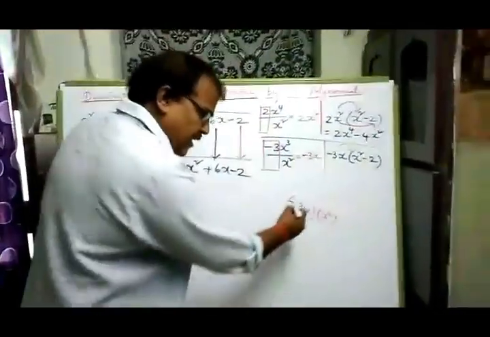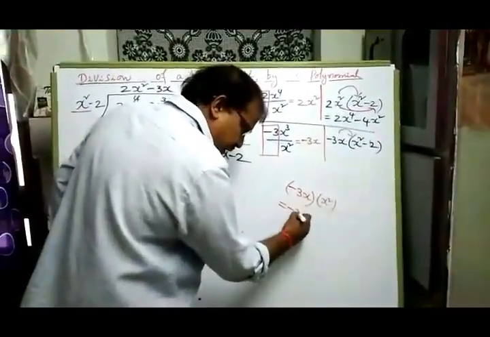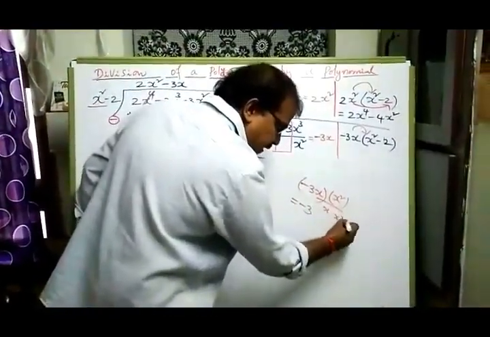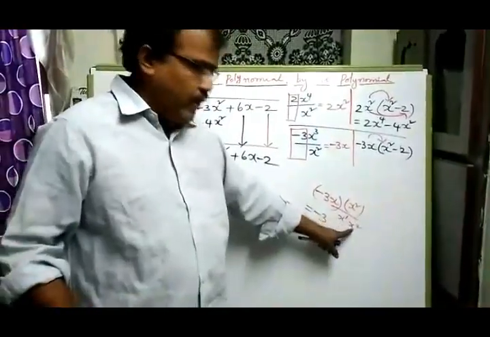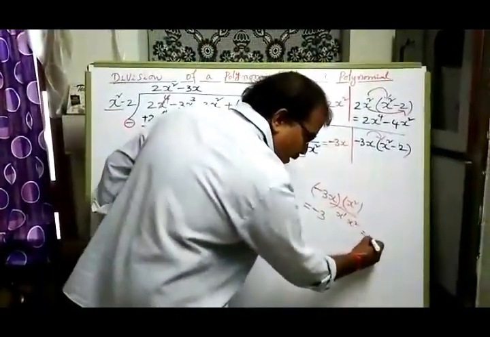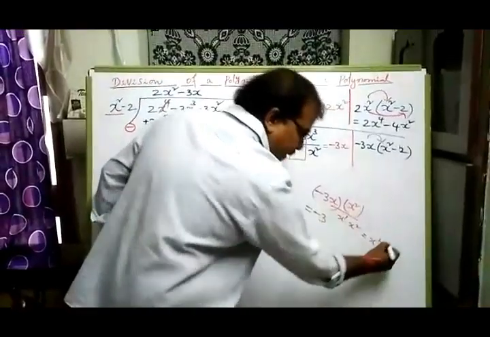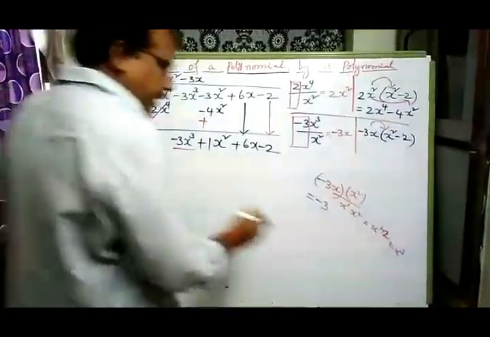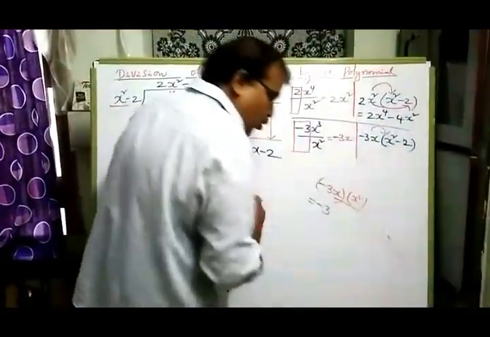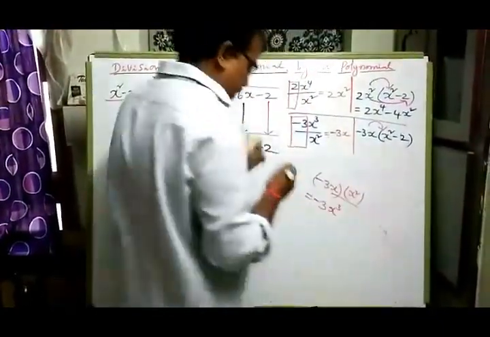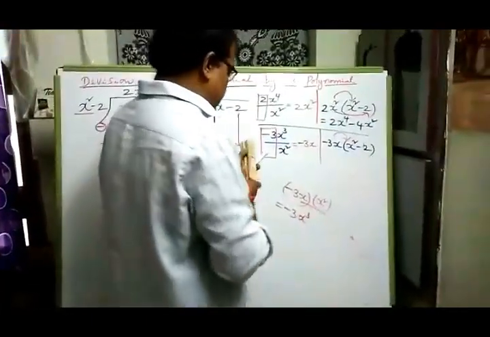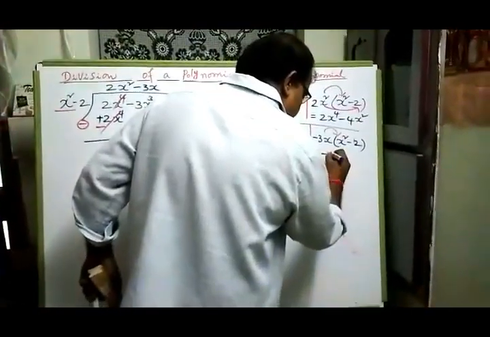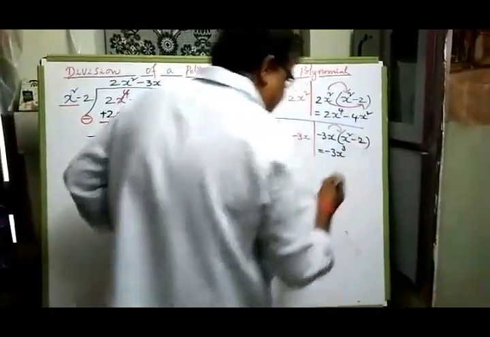Minus 3 into 1 is minus 3. X into x square is x to the power of 1 plus 2, that is nothing but x cube. Directly, you can write x into x square is nothing but x cube. The first one is minus 3x into x square, minus 3x cube.